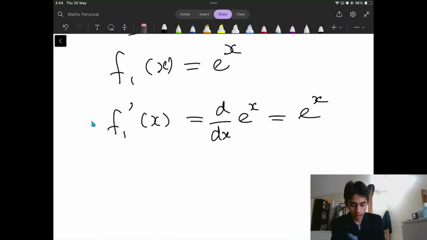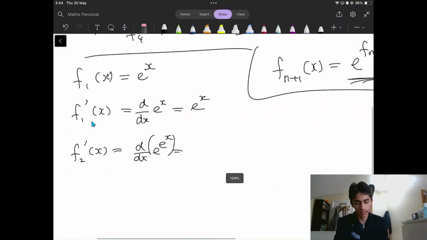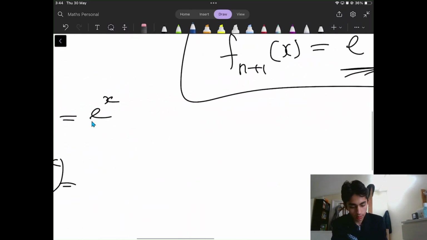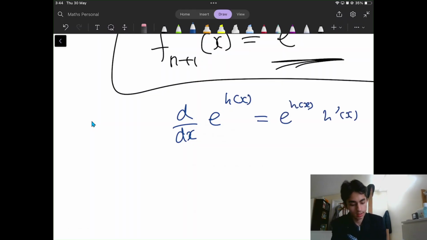Okay, nothing special there. How about the derivative of f2(x)? Well, here we're going to have to use the chain rule. The chain rule in this situation is basically used like this: the derivative of e to the power of some function of x, let's call it h(x), is equal to e to the h(x) multiplied by h prime of x, right?